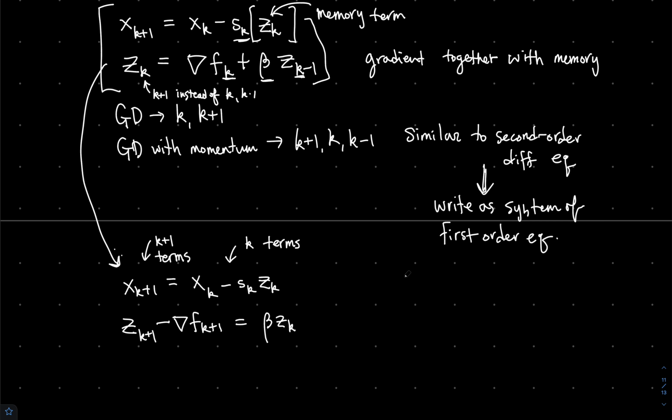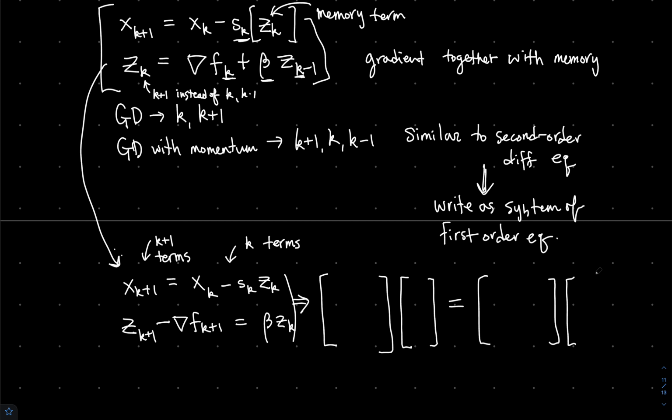Then, what can we do? We can convert this into a matrix. So here, we're converting this to a system of equations represented in a matrix where this is xk plus 1, and then zk plus 1, and here we give xk and zk. Now on the left-hand side, for the top row, the first equation, we have 1 and minus sk here.